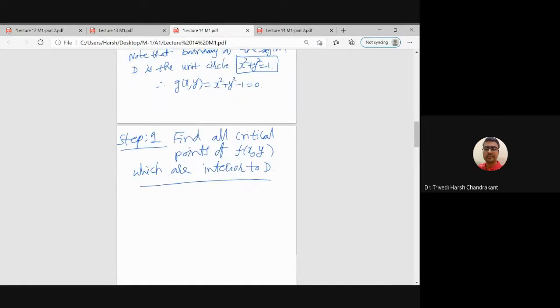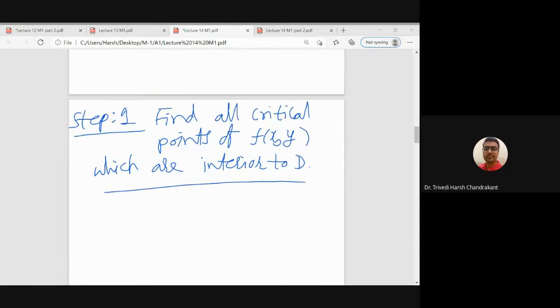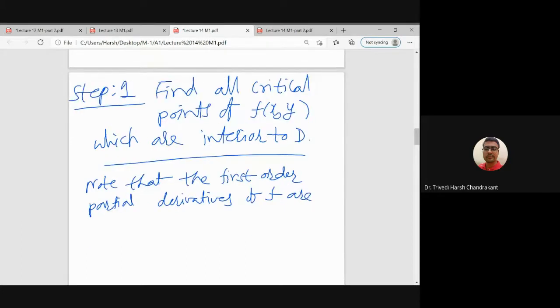So let us find all the first order partial derivatives. Note that our function is f of xy equals x into y.